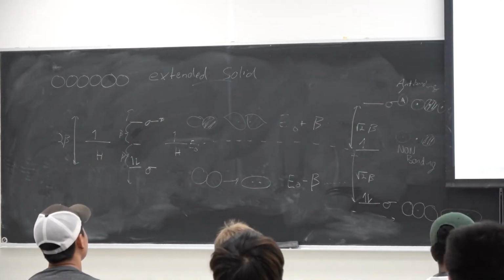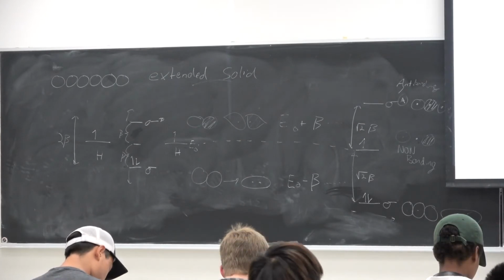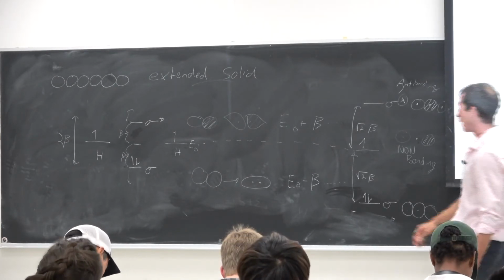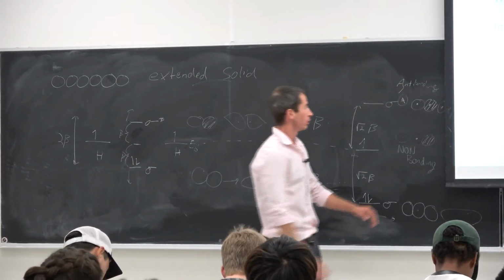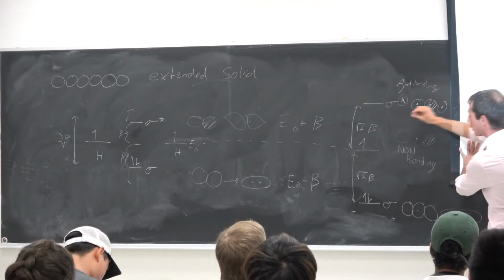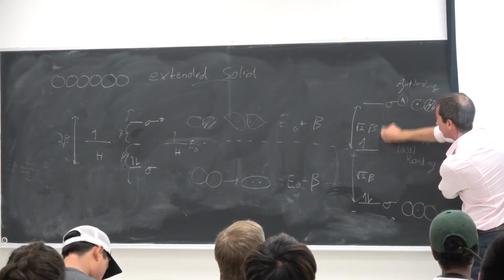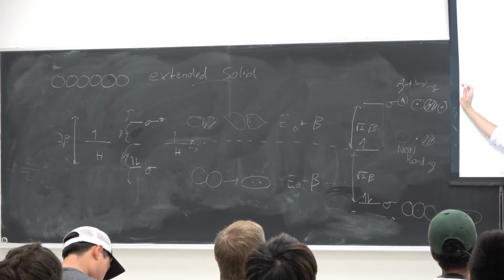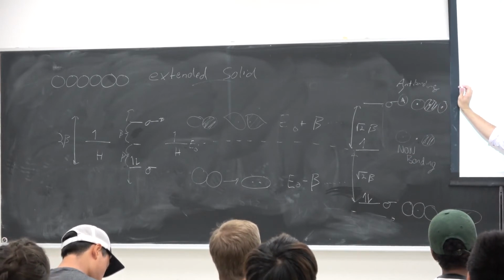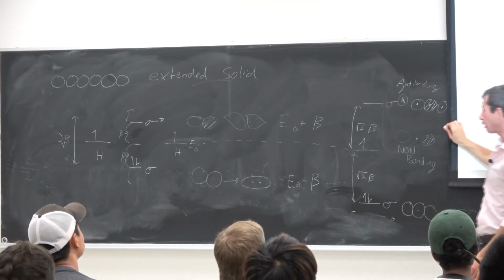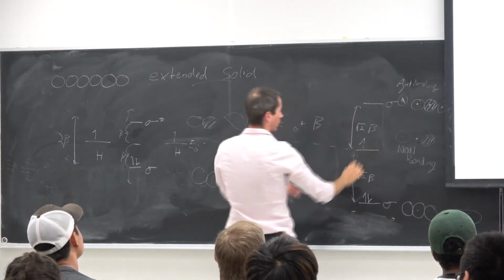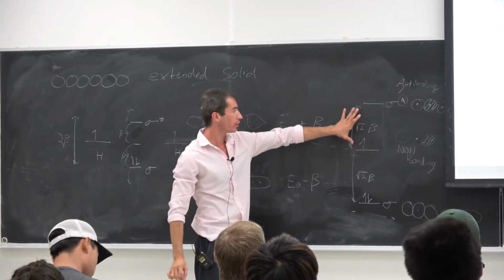So what if we added yet another, what if we had H3? What's going to happen to this distance? It's going to increase again, but how much relative to this? More than this or less than this?